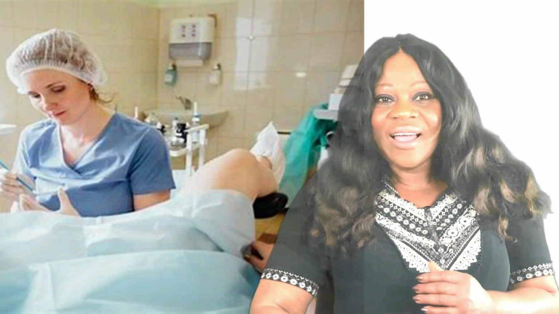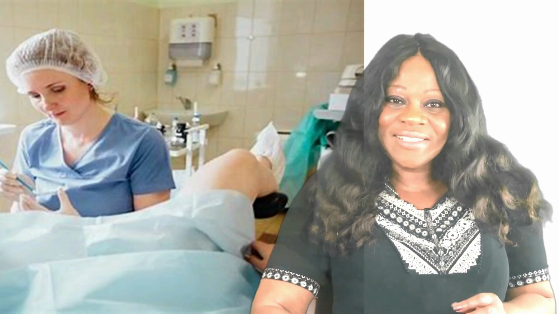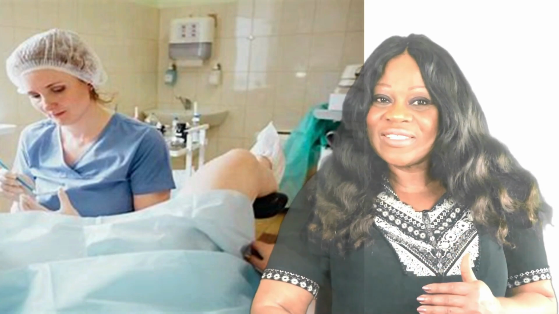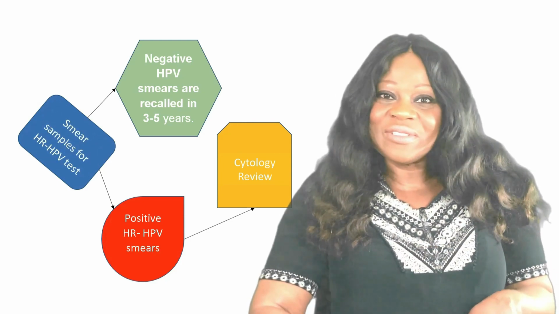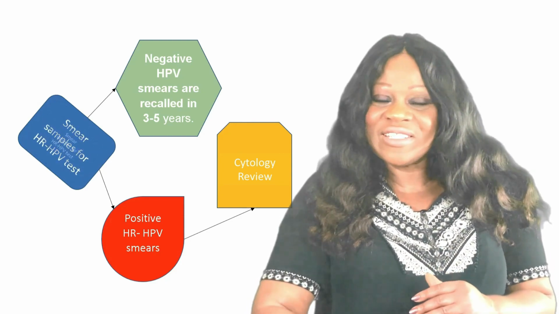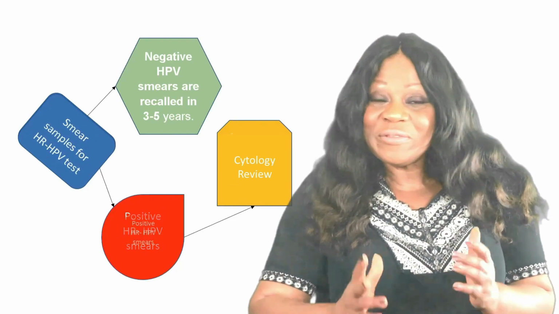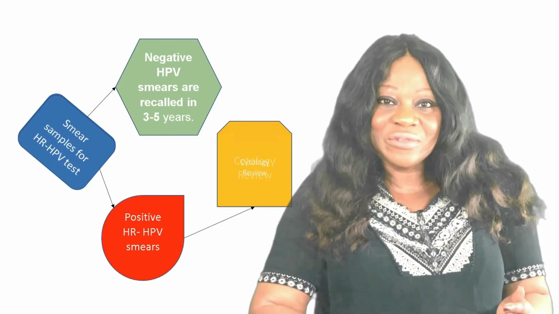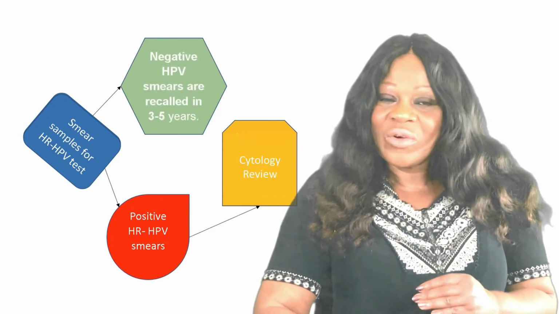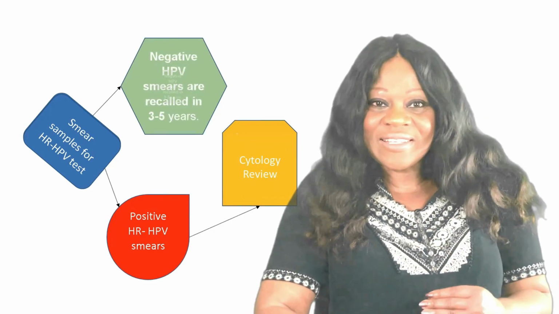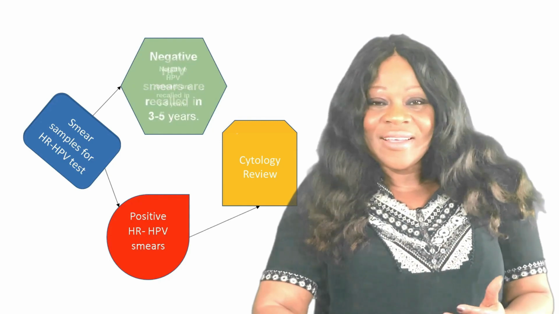Some developed countries have changed the narrative of cytology as the primary tool for smear tests and have adopted a molecular technique using high-risk HPV testing. In this protocol, all smear samples are primarily tested for high-risk HPV. Samples that are HPV positive will have cytology review, while all samples that are negative for high-risk HPV will be reported as negative for abnormal cells.